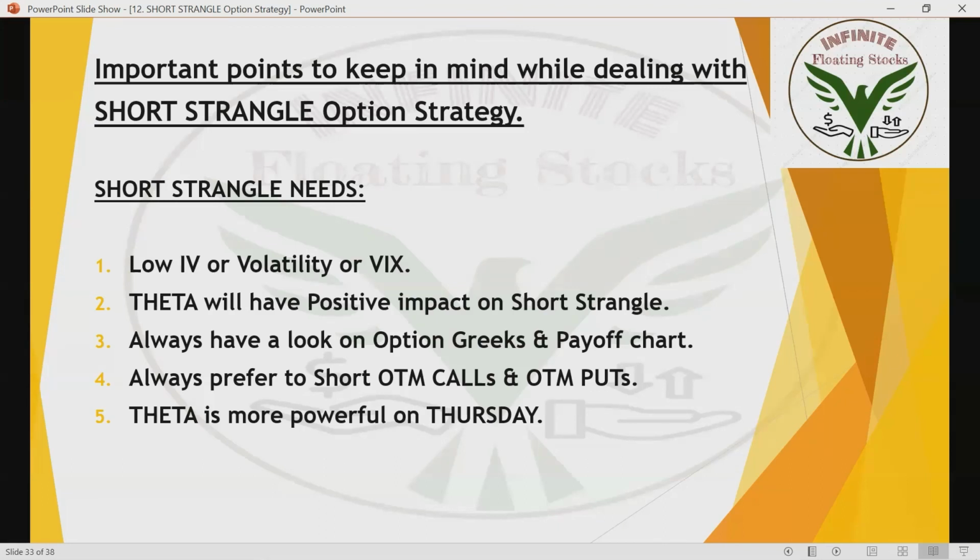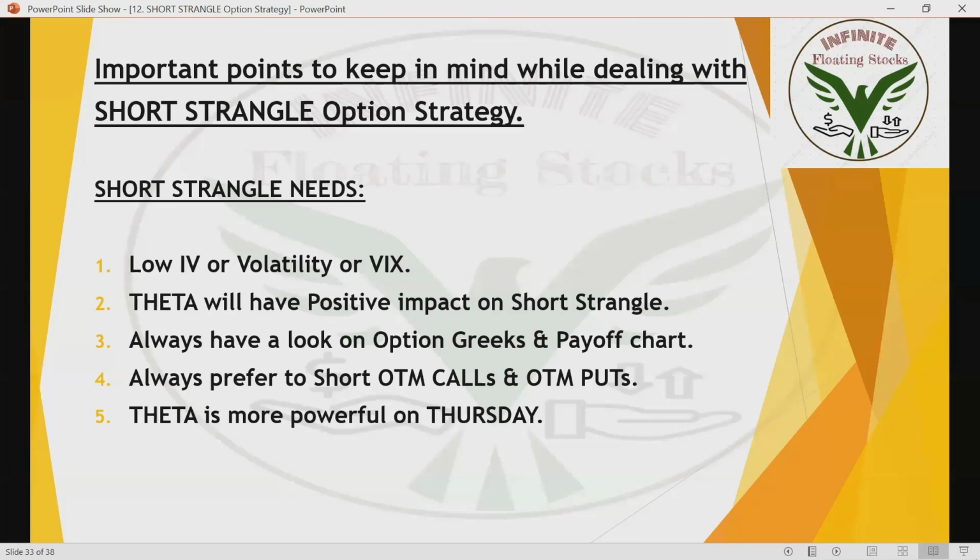Break-even points are very important. You should mark break-even points on your chart, and if the market breaks the boundaries and moves outside those break-even points, you need to make adjustments or exit from both the trades. As a beginner, you should exit from both the positions.